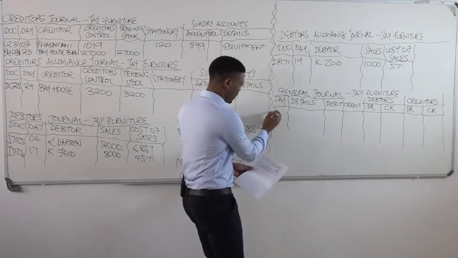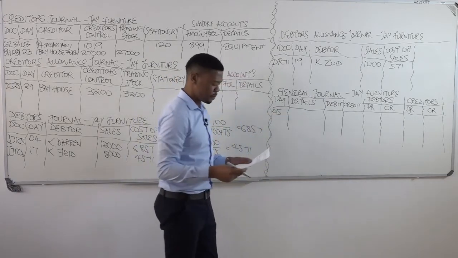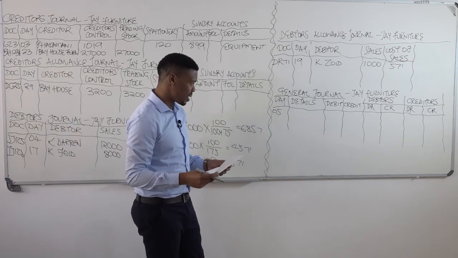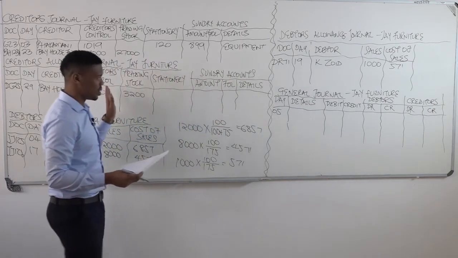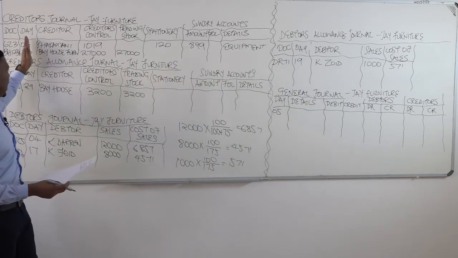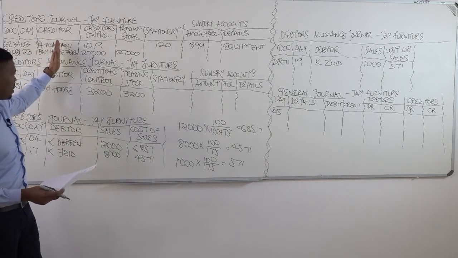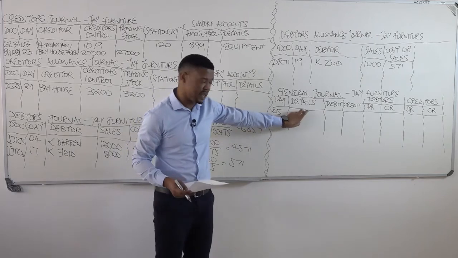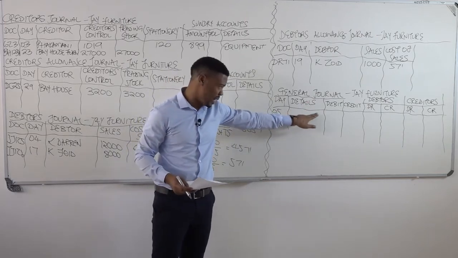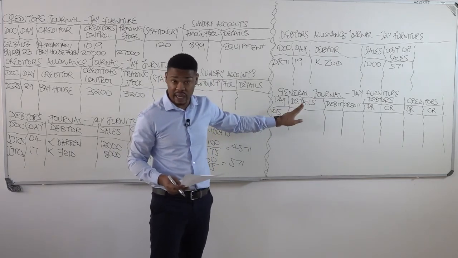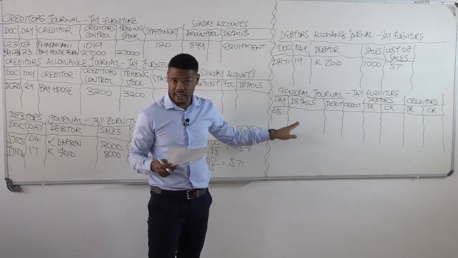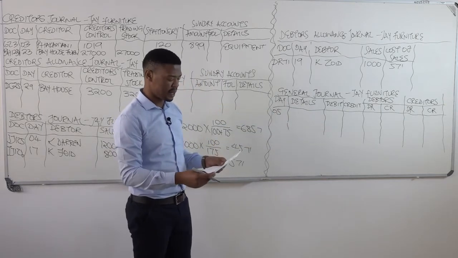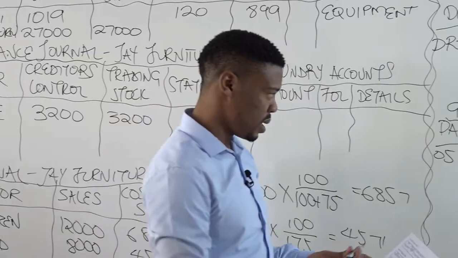The transaction took place on the 5th. The general journal, remember, is not like all the other journals where you've got the day and the name of the creditor and so forth. Here in the general journal, you must immediately indicate which account you are going to debit in the first line and which account you are going to credit in the second line, and then continue entering the amounts from there.